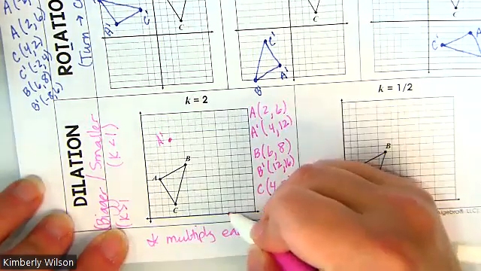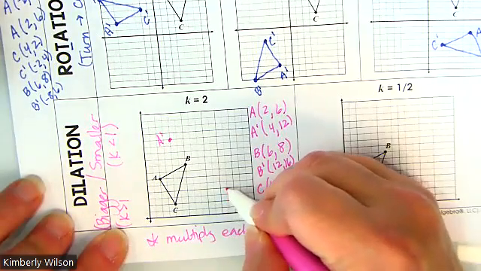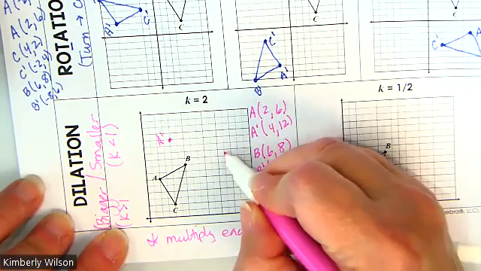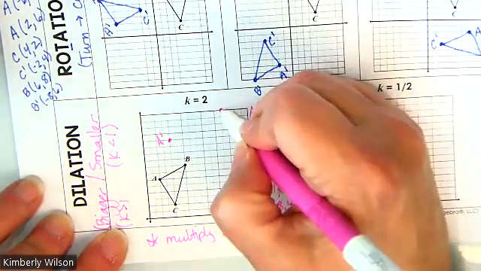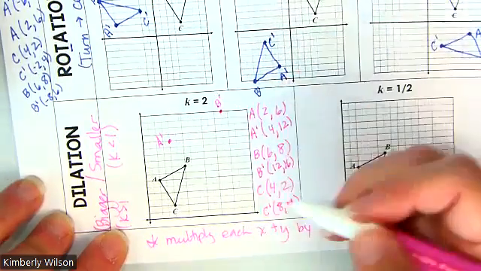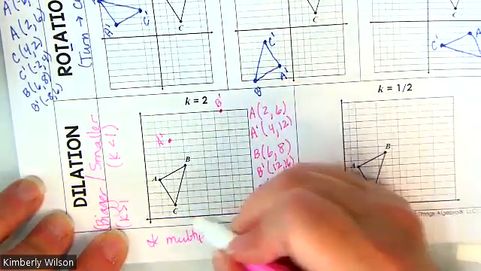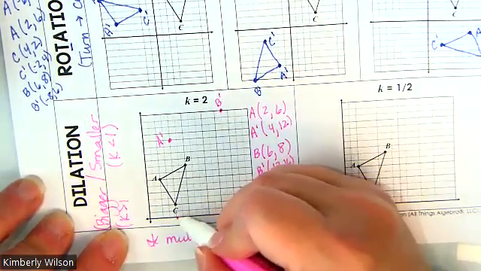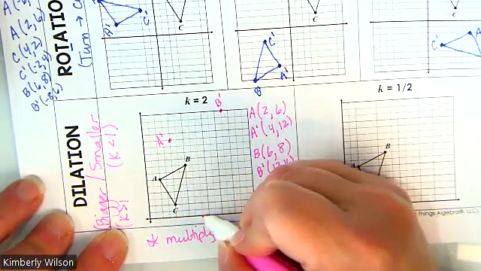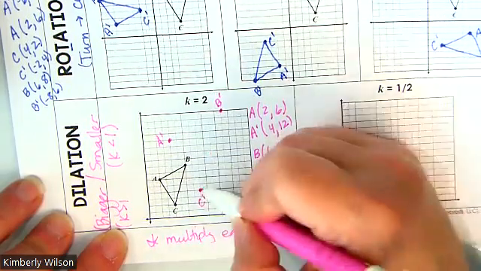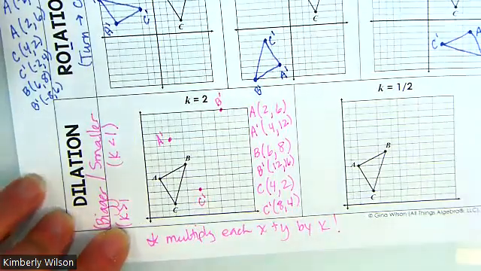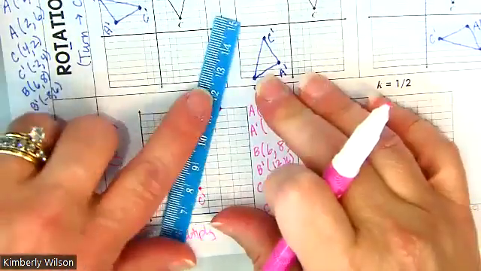Can't count, obviously. 2, 4, 6, 8, 10, 12, 14, 16. There's B1, and C is 8, 4. 2, 4, 6, 8, 4. And now we play connect the dots.